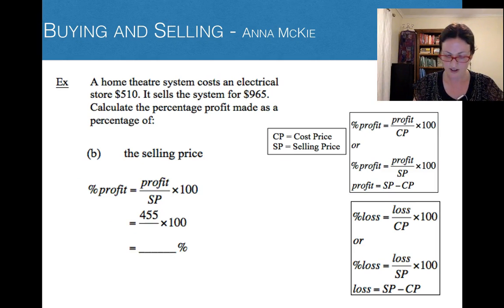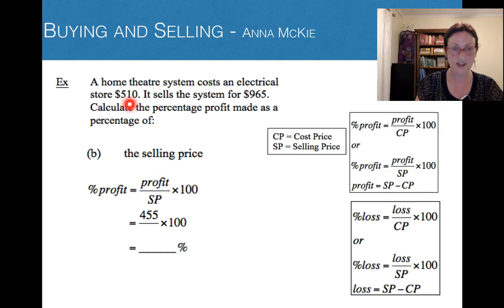Moving on, this time we want, it's the same question so you don't have to write it again, as a percentage of the selling price. So let's come over here and have a look at this part. Here it is, percentage profit of the selling price. So you'd follow this little formula for how to work that out. And that is the profit, which was 455 that we worked out before, over the selling price this time.